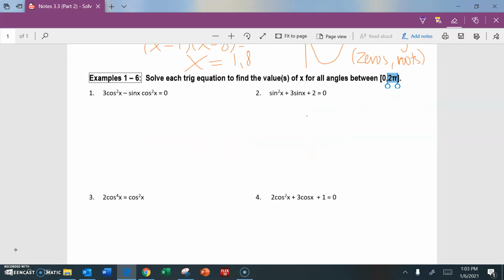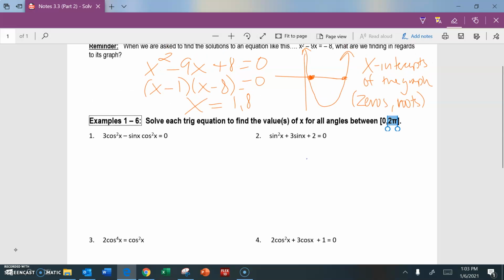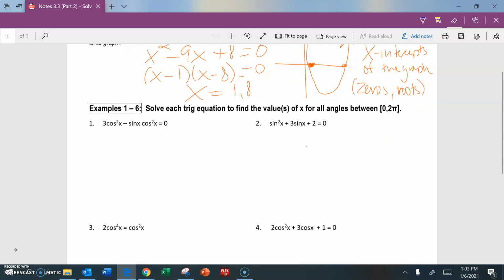The reason we start with this example is to remind ourselves, when we graphed the sine, cosine, and tangent graphs last chapter, what are we even solving for? What is the point of solving for this x?